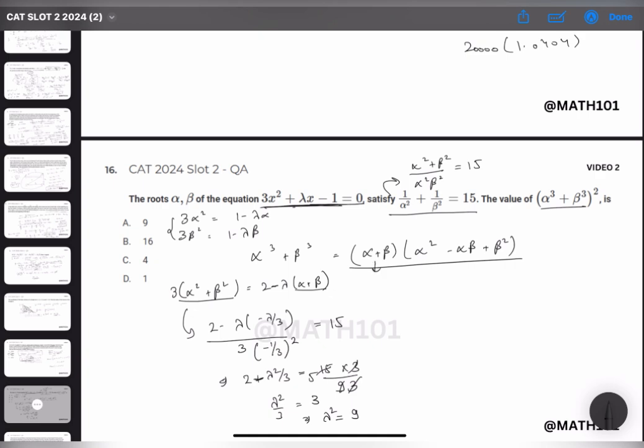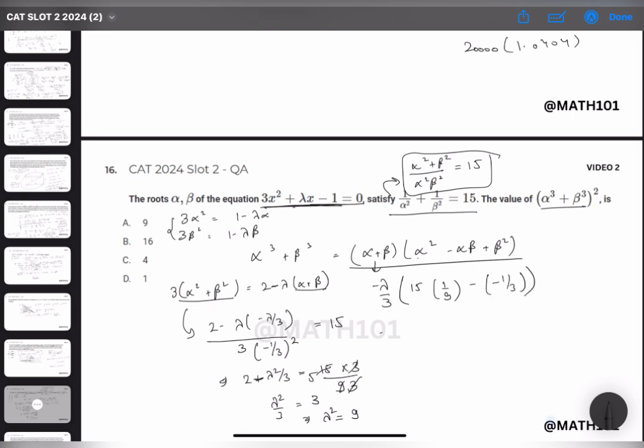Alpha plus beta is minus lambda by 3 into alpha square plus beta square, from this equation, 15 times alpha square beta square. 15 times alpha square beta square is 1 by 9, minus alpha beta is minus 1 by 3.